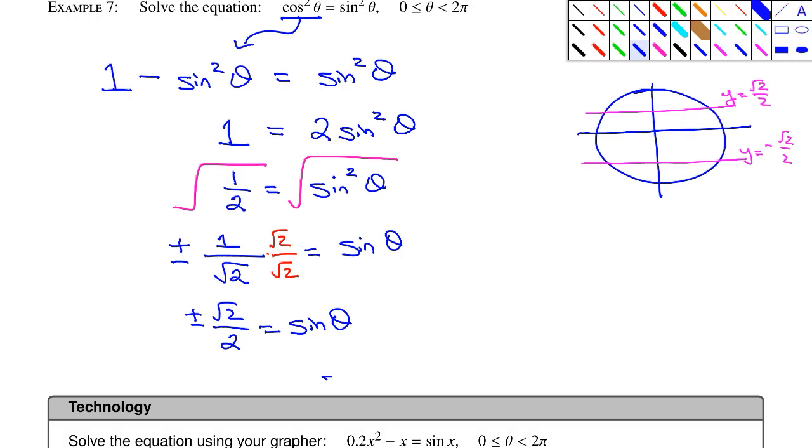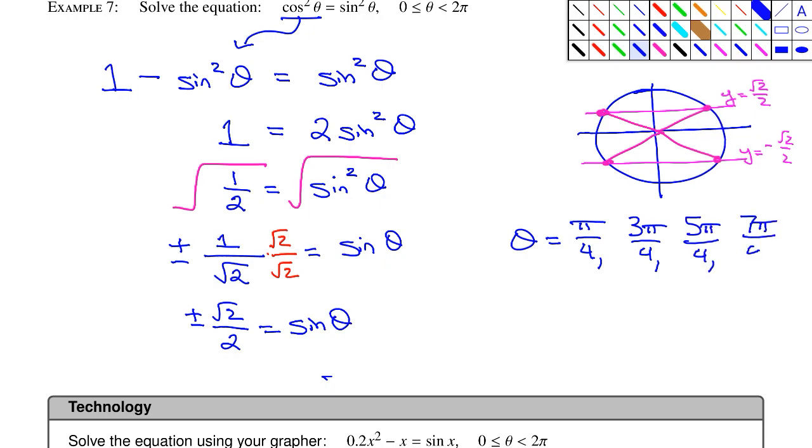And so we do get these four angles. And so the answers for theta are all these pi over 4s: pi over 4, 3 pi over 4, 5 pi over 4, and 7 pi over 4.